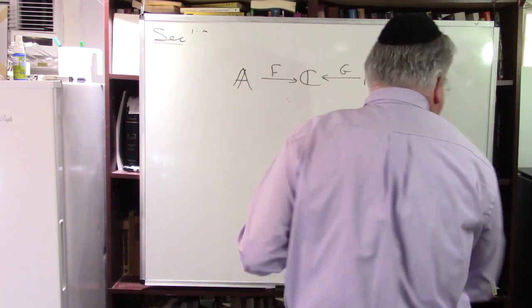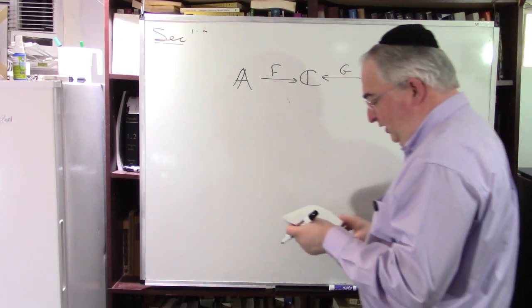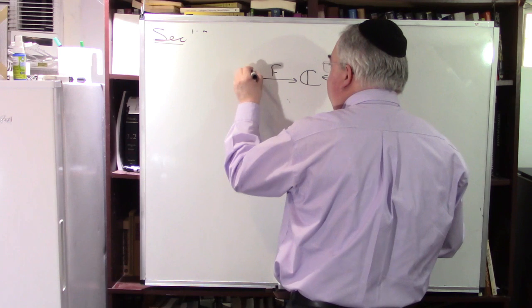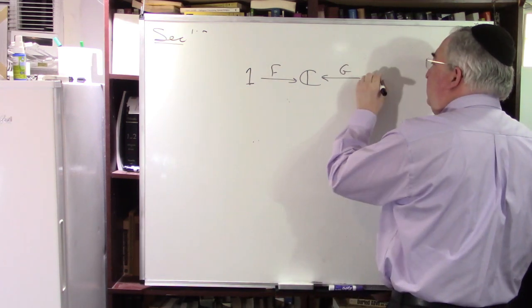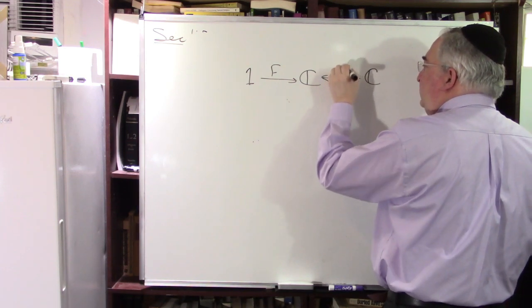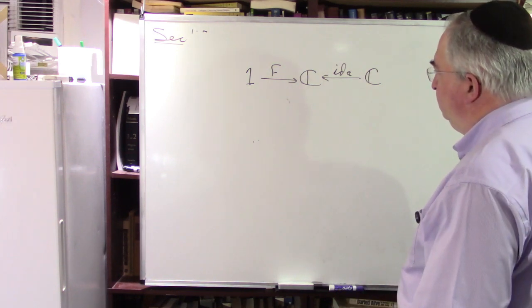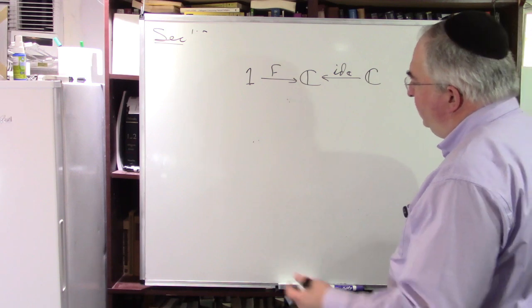Here's a nice example. Set this to be 1, and set this to be C, and set this to be the identity on C. Now what does this do?